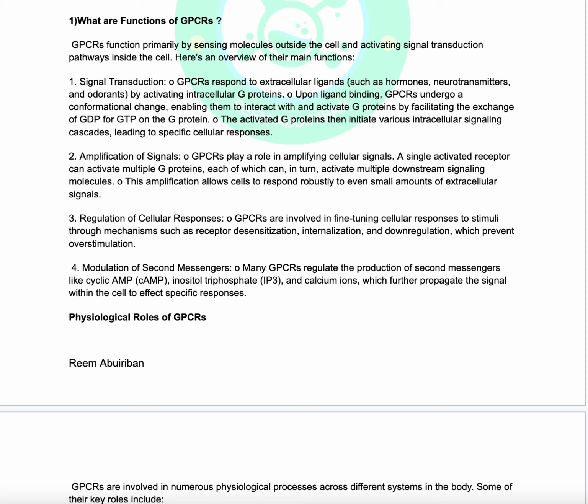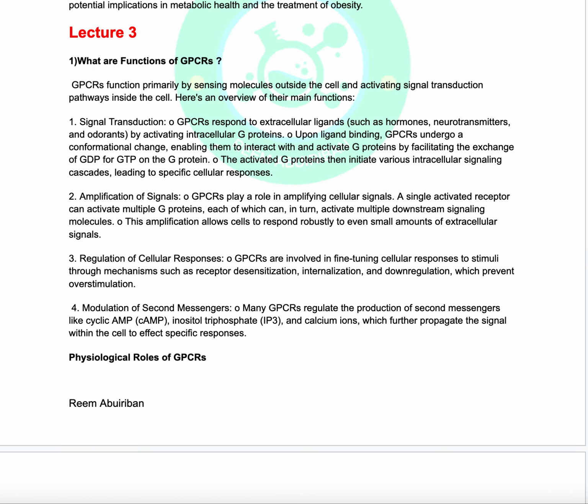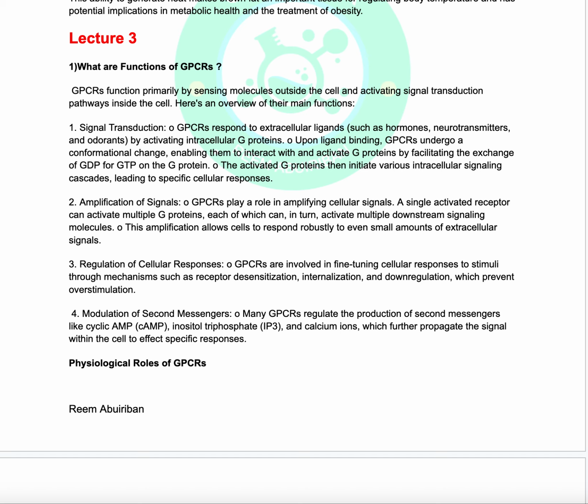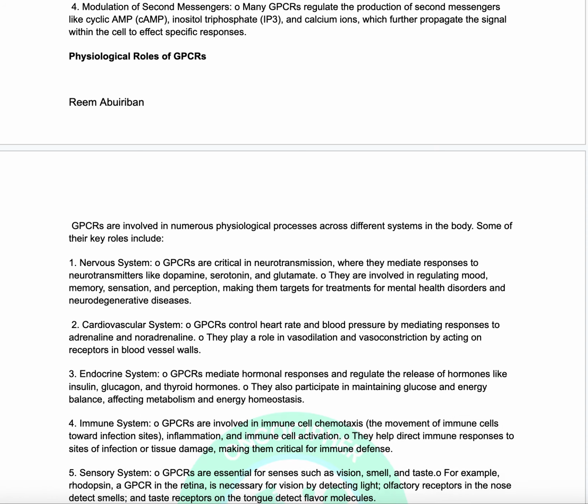Cyclic AMP leads to the activation of protein kinase A, and IP3 increases the intracellular calcium ions, so that affects the response of the cell. So we can say in brief: signal transduction, amplification of signals, regulation of cellular response, and modulation of second messengers. About the physiological roles of the GPCRs.